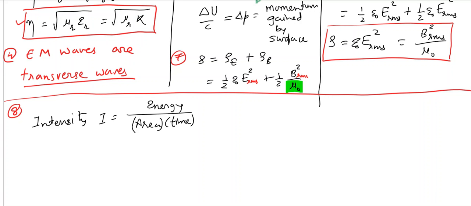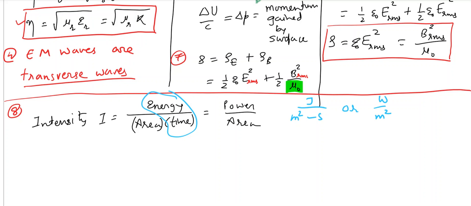Energy upon time is power, so you can also say it is power upon area. You can express it in terms of joule per meter square second, or else you can write it as watt per meter square. These are the units of intensity.